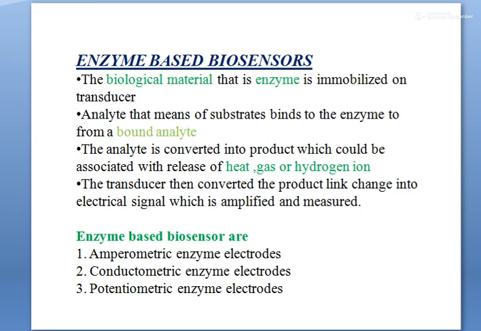So the transducer then converts the product-linked change into electrical signals, which are amplified and measured. After producing these gases or ions, they create electrical signals with the help of the transducer.